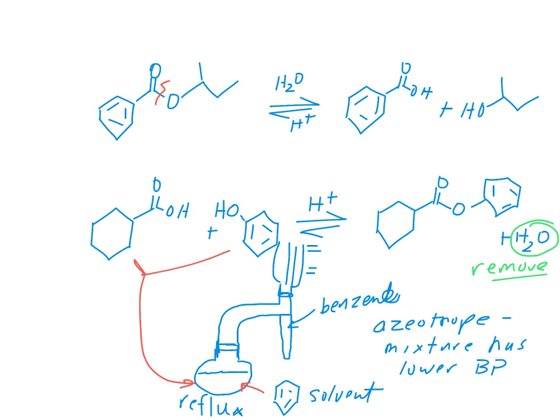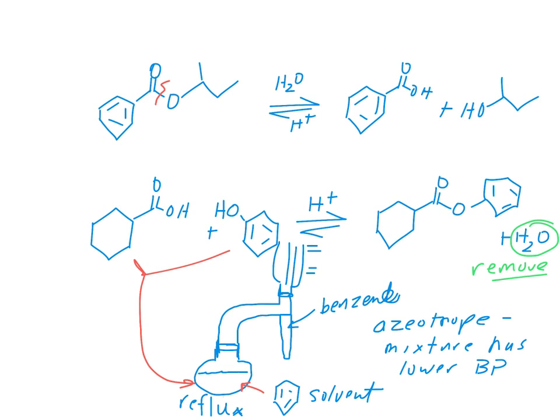So we reflux this, and at the beginning, it's just benzene that's refluxing. The vapors go up this tube, all the way up into the condenser, and they drip down into this side arm. And this thing just overflows, and the solvent just runs back into the flask.